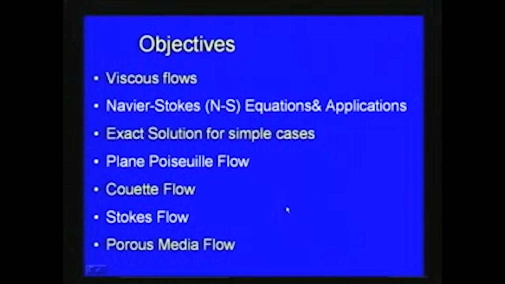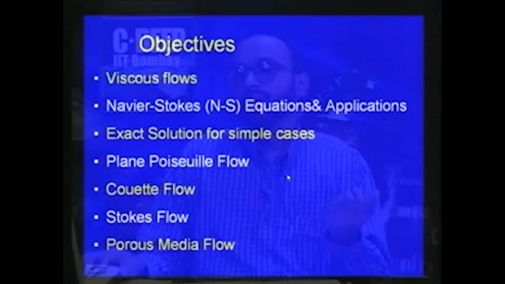We will also discuss plane Poiseuille flow, Couette flow, Stokes flow, and porous media flow. So the objectives include deliberations on the Navier-Stokes equations, their derivations and applications, the exact solutions available, and further studies on this.